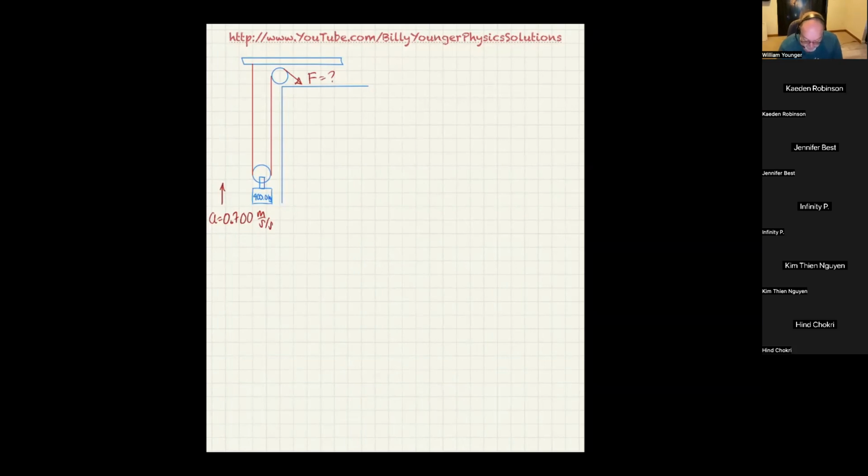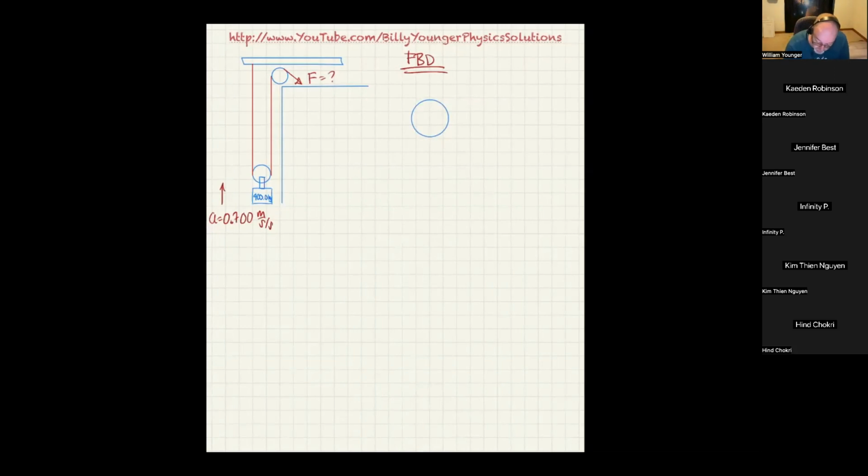Now, here's the weird part about dealing with tension. I'm going to draw a free body diagram for that pulley at the bottom. Here's my free body diagram, which I'll label FBD. I'm going to draw my pulley, and that looks pretty good.